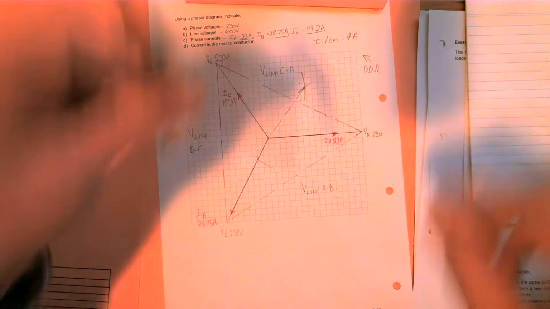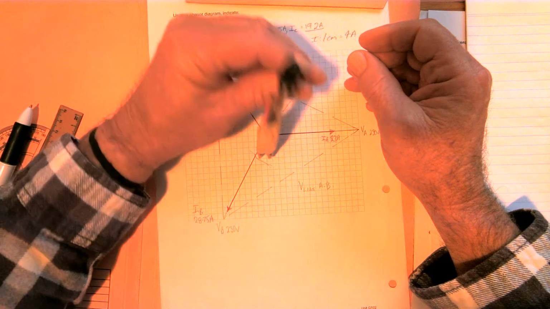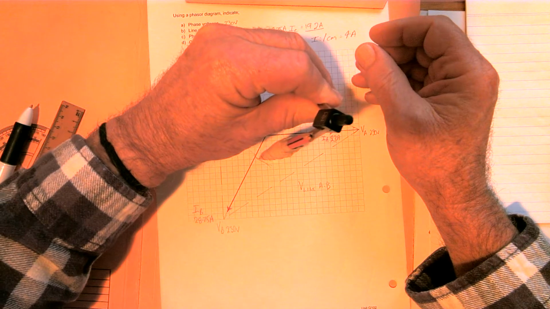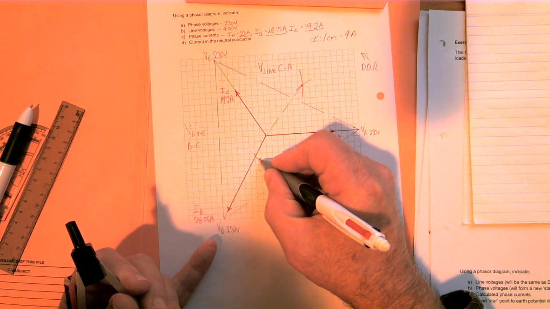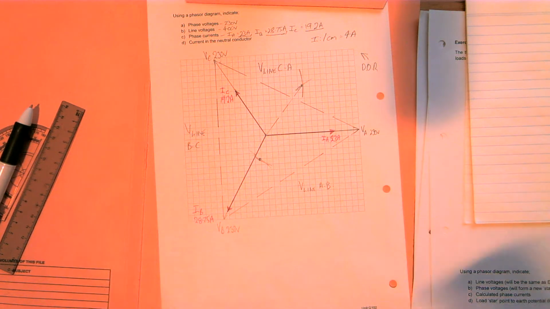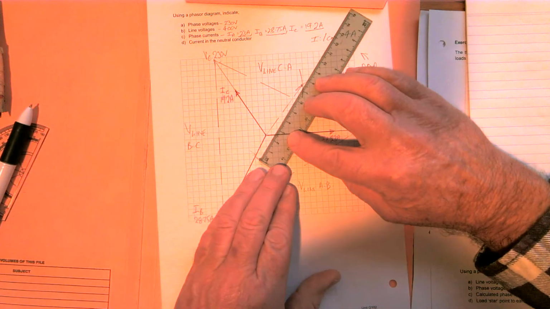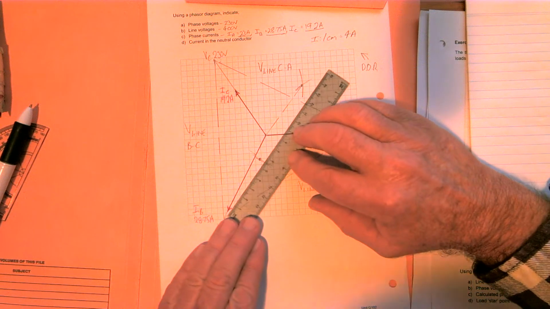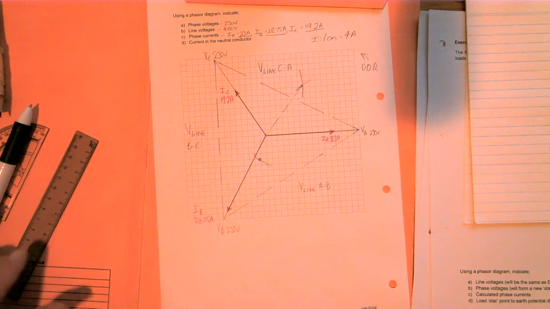And where those two arcs intersect again will be the resultant of this phasor addition. It's about at that point. It's hard to see on camera, but it comes in at about that point where the two arcs are intersecting.